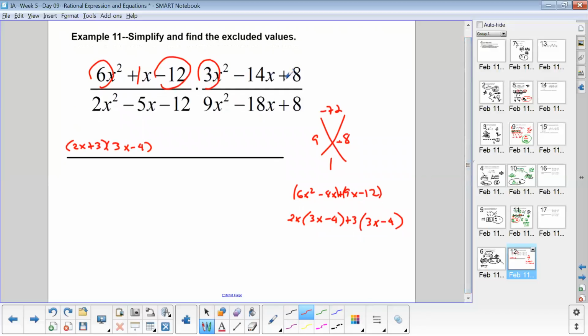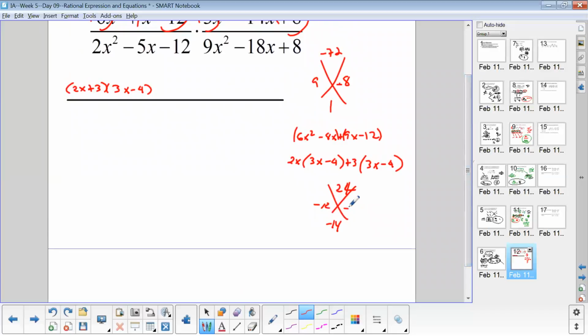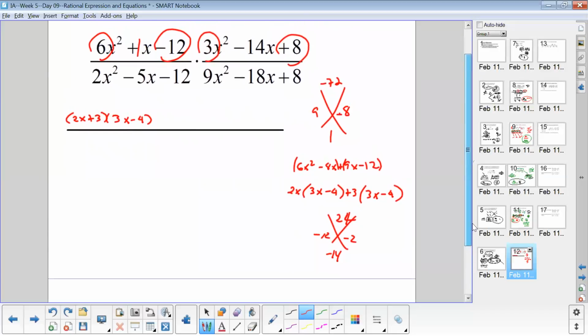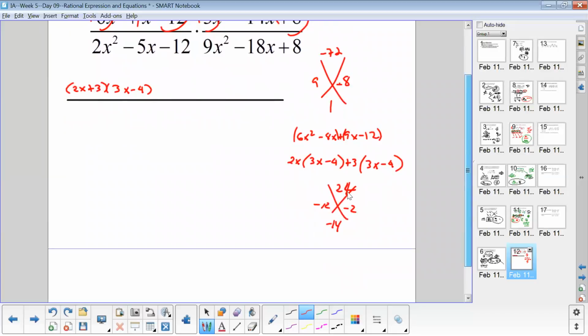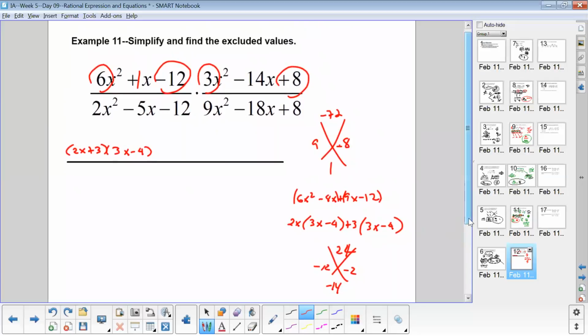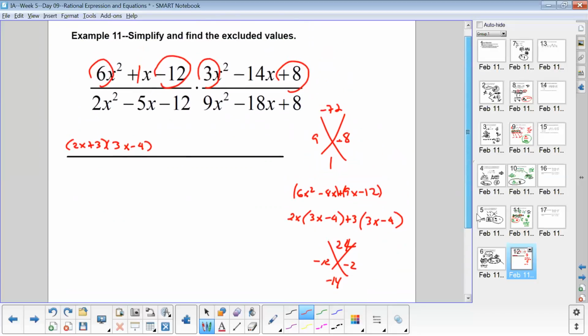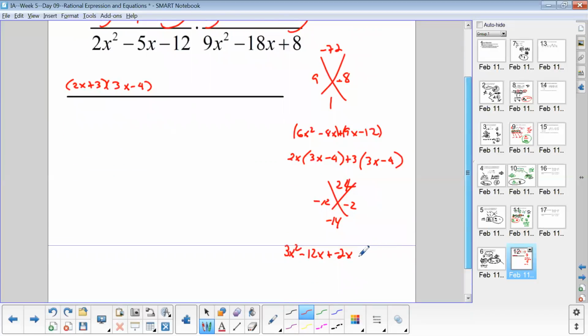So now let's come over here. I've got 3 and positive 8, so that would be 24, and it's got to add to give me negative 14. So it looks like negative 12 and negative 2. Those are both factors of 24. They both multiply to give me positive, and they both add to give me negative. So 3x squared minus 12x plus a negative 2x, and then a positive 8.